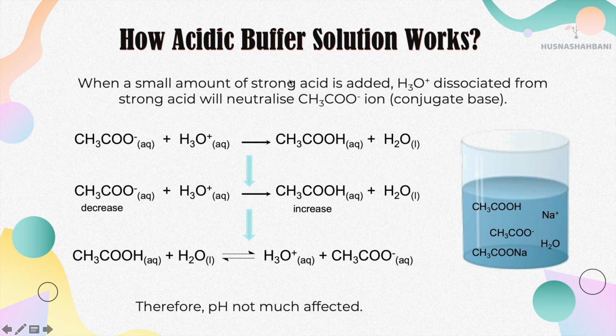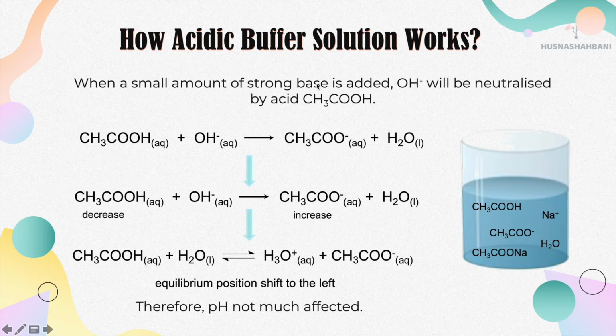And then, that's when you add the strong acid. When you add strong base into this acidic buffer solution, it means you have OH-. That OH- will be neutralized by the acid CH3COOH. So this acid CH3COOH will react with OH- to become CH3COO- plus H2O.